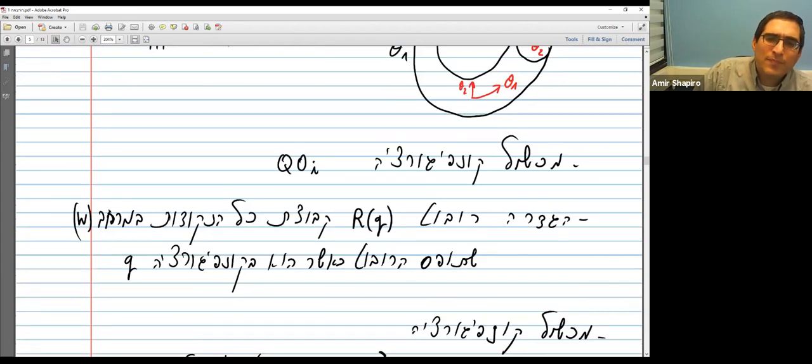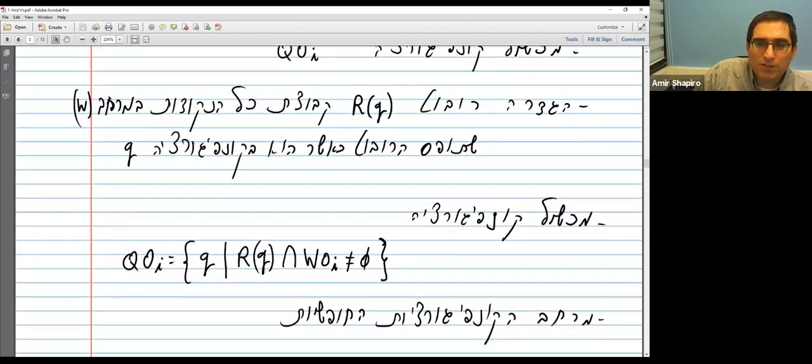So I talked about configuration space. Now the definition of a robot. A robot is the set of points in the workspace which the robot takes, covers actually, when it is in a configuration Q. Q is the position and orientation of the robot. Now I'm talking about a mobile robot.